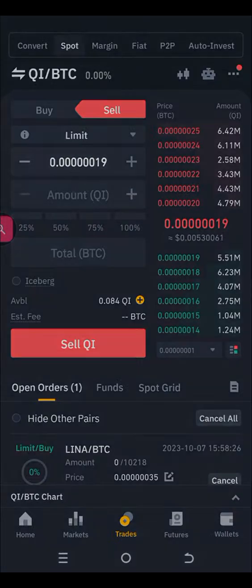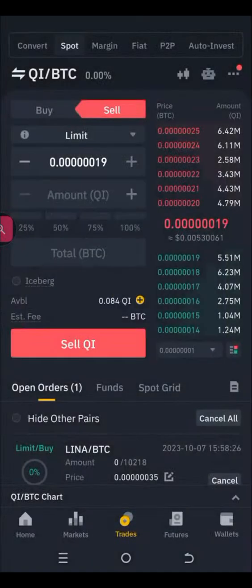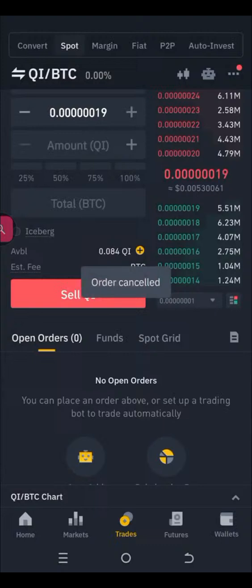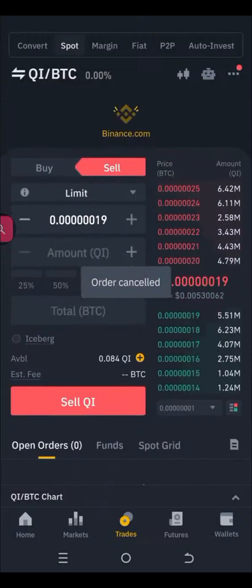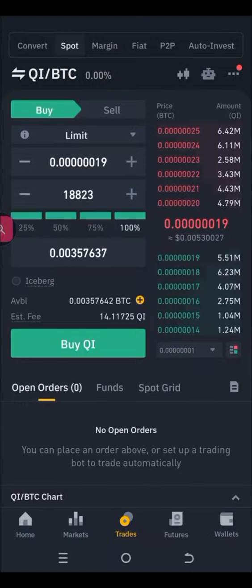So let's quickly do a quick simulation and see what we will get. This is QI BTC. What will I have left? Let's just cancel it and see what it will give us. If it's not going to be favorable, we'll just go back to Lena BTC. Let's buy and see how much we can get.